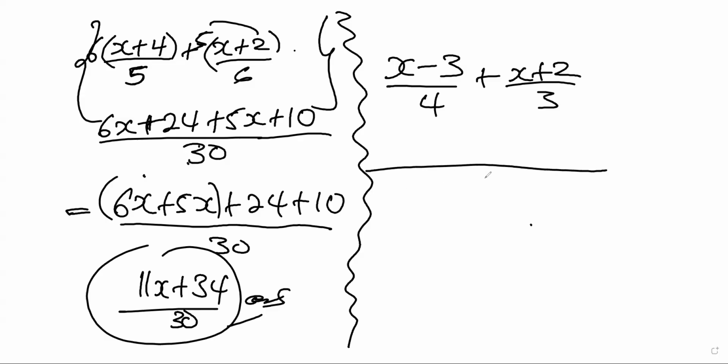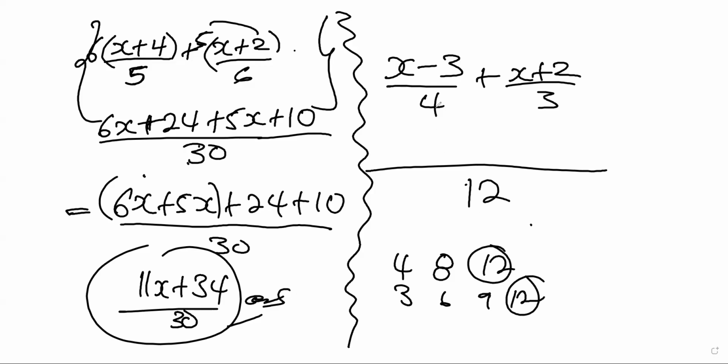Look at the first example. The LCM would have been 12. Alright, 4 into 12 goes 3 times. 3 times x, 3x. 3 times negative 3. And remember guys, this is the key to passing maths. Something simple here.